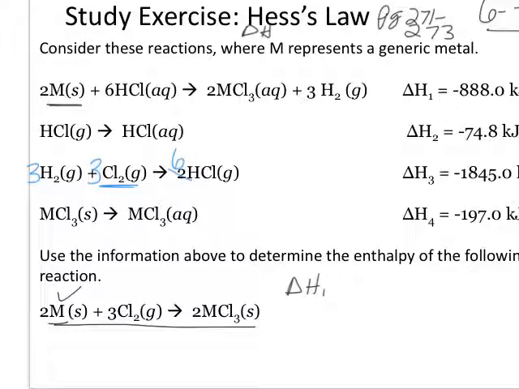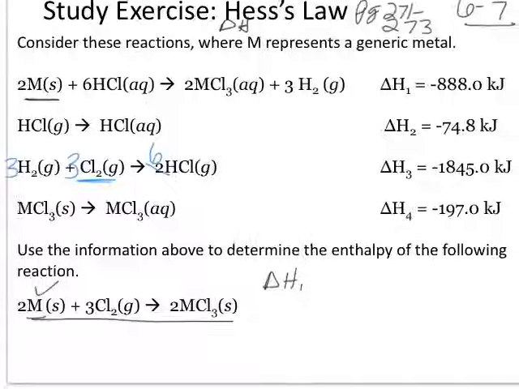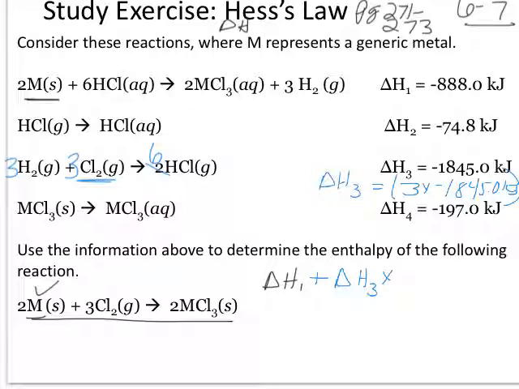And whatever I do to this, I've got to do to the delta H. So for delta H3, we're going to have to do 3 times negative 1,845.0 kilojoules. So we're going to have to multiply that by 3. And so this is going to end up being plus delta H times 3. And I'm happy because now I've got that, and we're good.